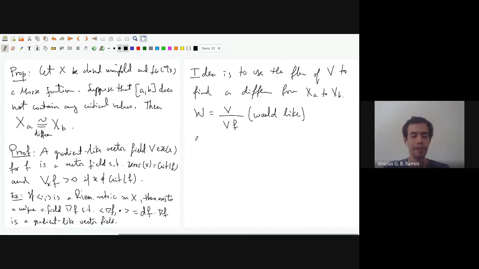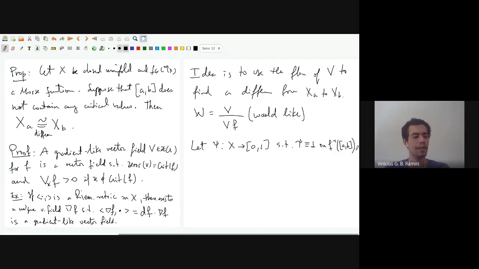Let psi be a bump function such that it's identically equal to 1 on the pre-image of AB. This is going to be a compact set because X is compact.